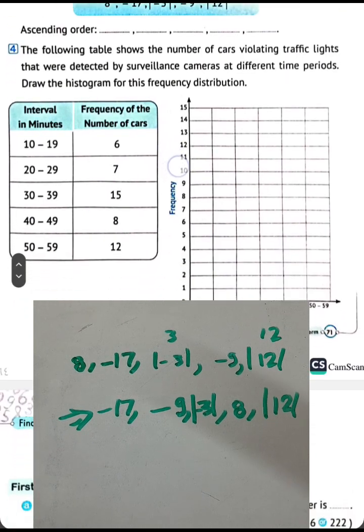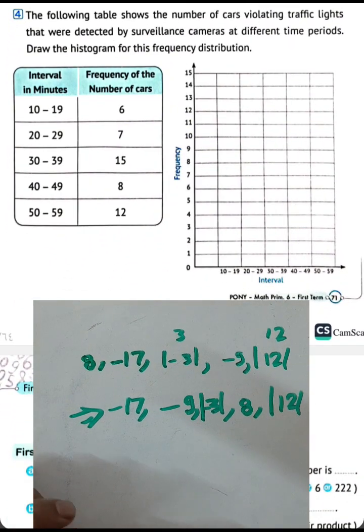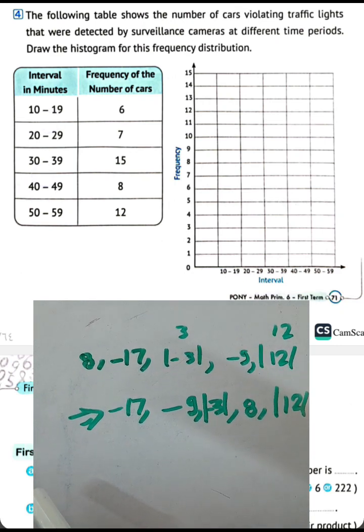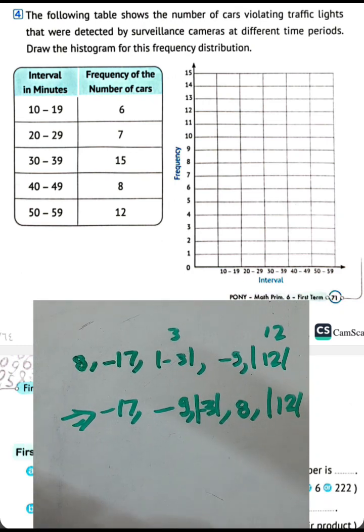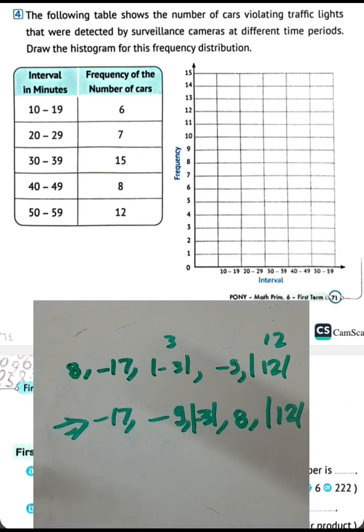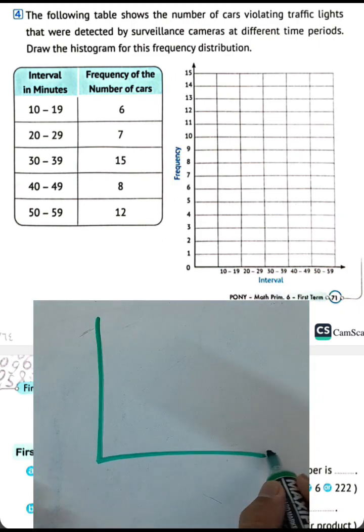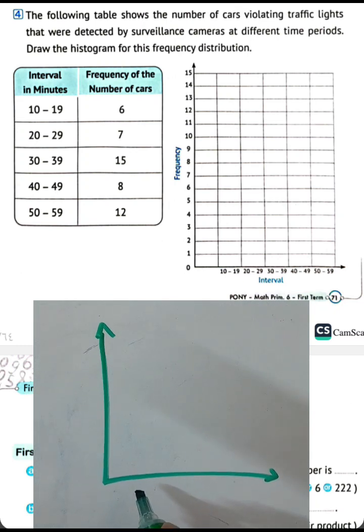Question number 4. We have the table here, we have the intervals. We want to draw the graph from the following table. Draw a histogram. It's easy for you. You must write all the values and draw bars between the two numbers.